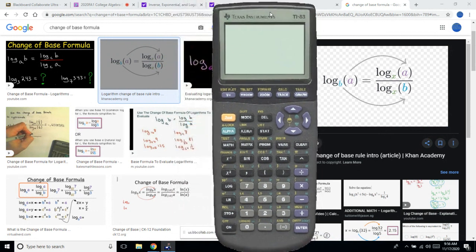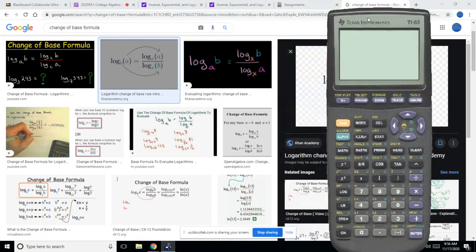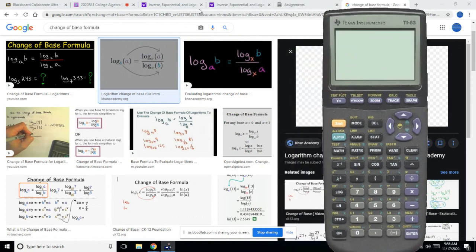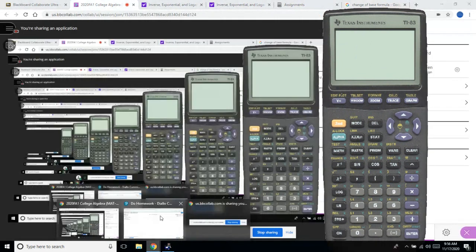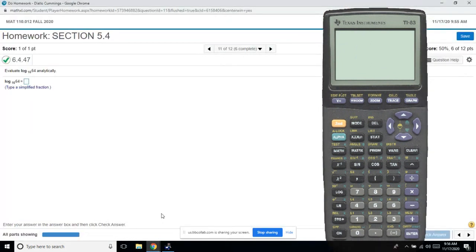So keep this formula in mind. So I'm going to go back to our problem. So we have, and it may be helpful for me to actually write this out on camera.